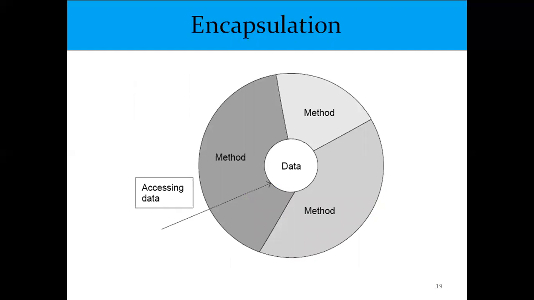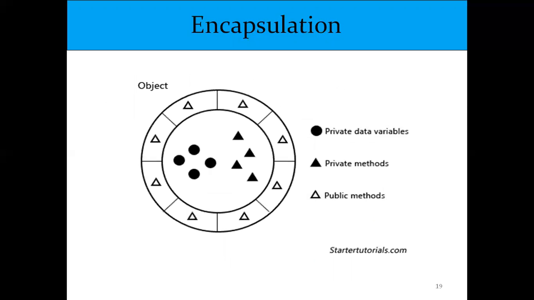In order to access the data, there are different access permissions like public, private, protected. Based on the access modifier, we can access the data. This is one representation: an object may consist of private data variables, private methods, and public methods.